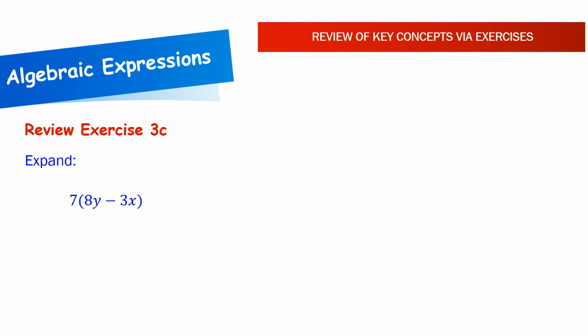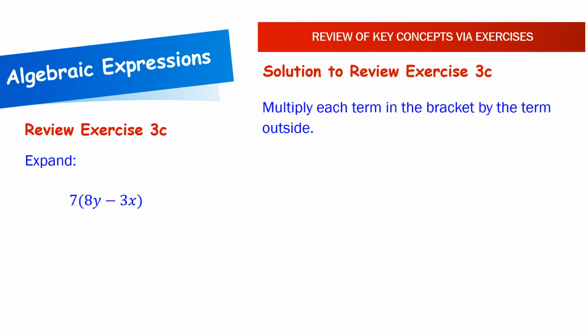Expanding 7 times 8y minus 3x for exercise 3c. We have 7 times 8y is 56y, and 7 times minus 3x is minus 21x.